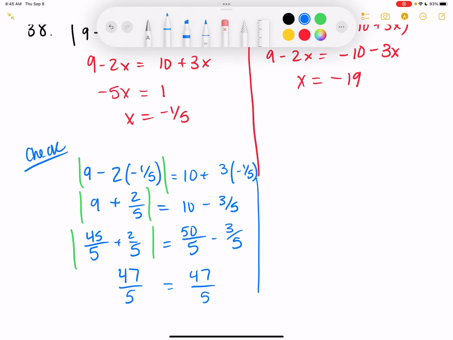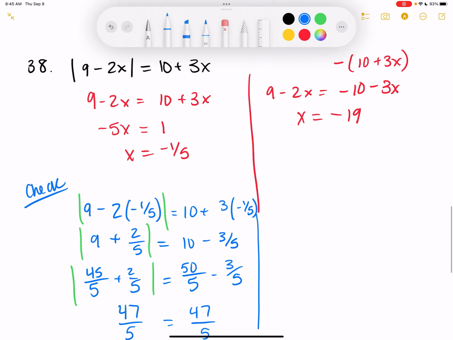All right, then the other one, actually write it as absolute value this time. 9 minus 2 times negative 19 equals 10 plus 3 times negative 19.